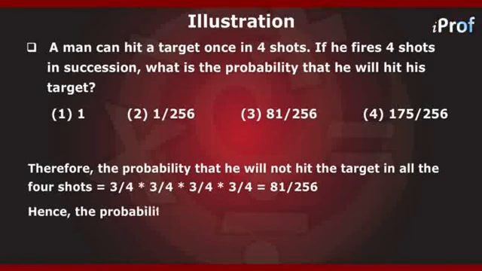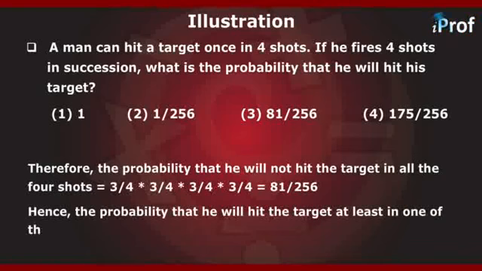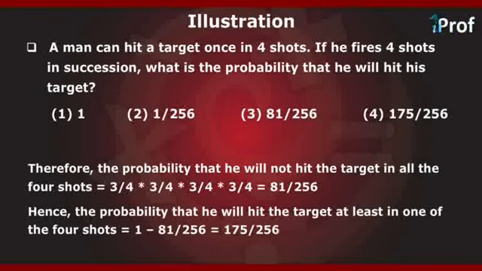Hence, the probability that he will hit the target at least in one of the 4 shots is equal to 1 minus 81 by 256, which is equal to 175 by 256. And hence, the correct alternative is option 4.